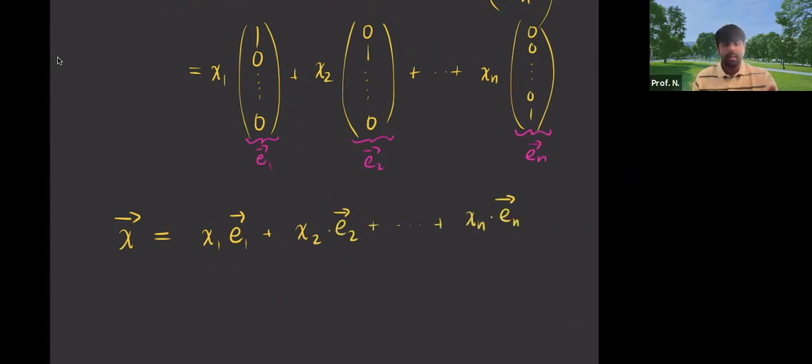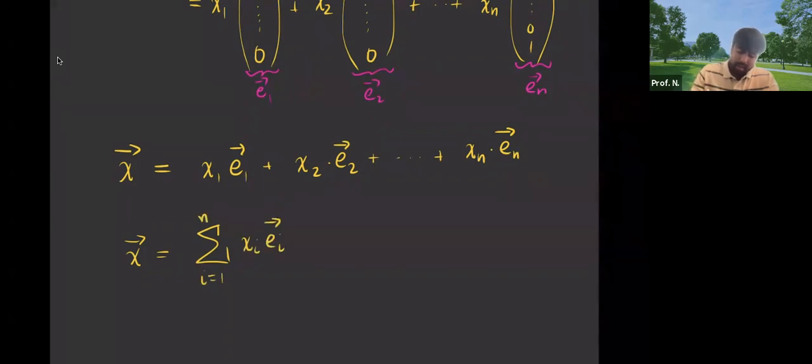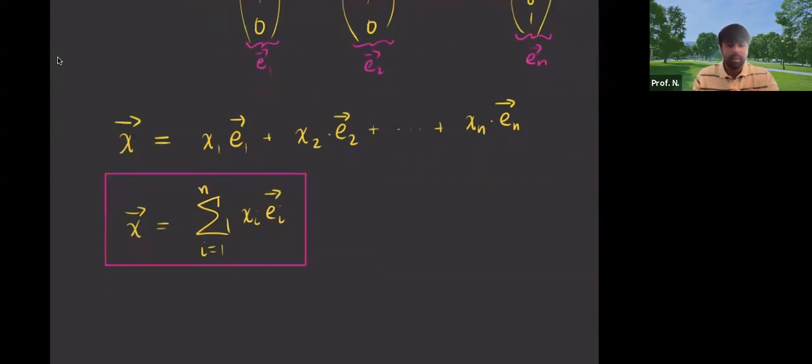Do you guys see that? And I can write it as a summation of x sub i, E sub i, from i equals 1 to n. This here is very important, and this is true for any vector that I'm given in any n-dimensional space. I can always write it as a linear combination of the standard basis vectors.